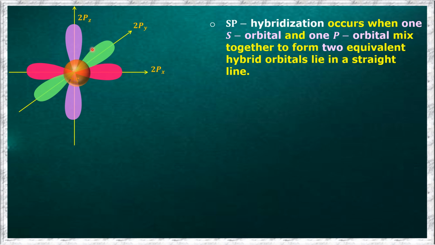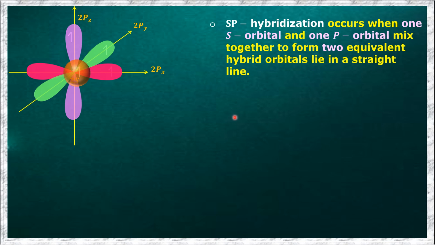So here I have shown only the outermost orbitals of carbon atom. Each orbital contains an unpaired electron. All these four orbitals are unhybridized orbitals only. That is, before sp hybridization, this is the situation of carbon atom.